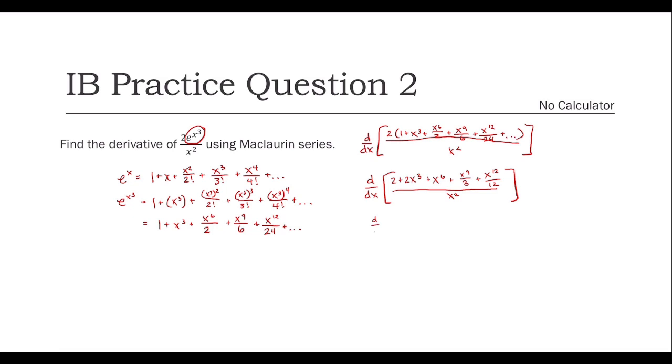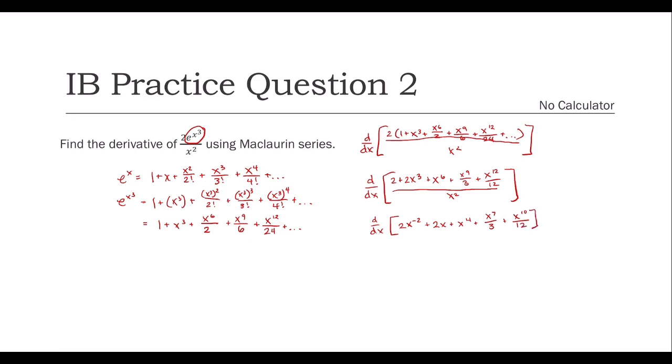So we have d dx of 2x to the negative 2 plus 2x plus x to the 4th plus x to the 7th over 3 plus x to the 10th over 12.